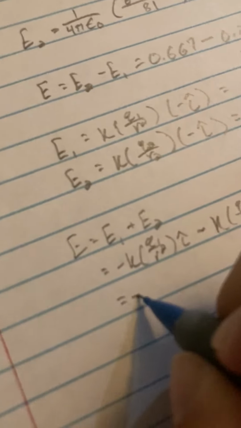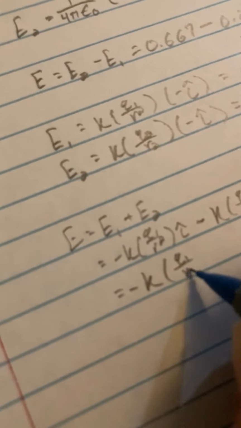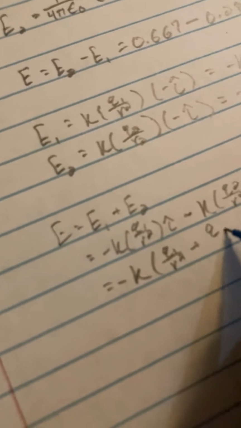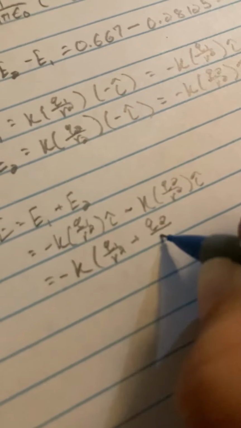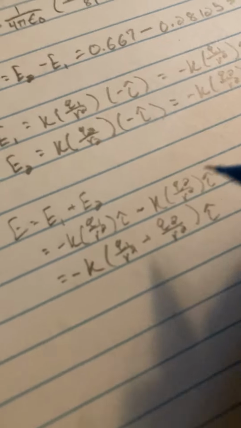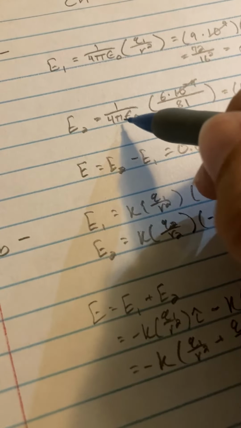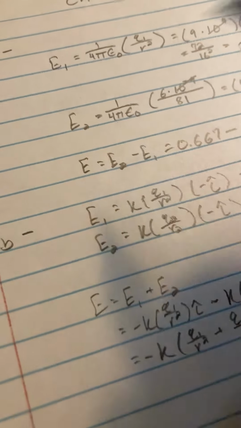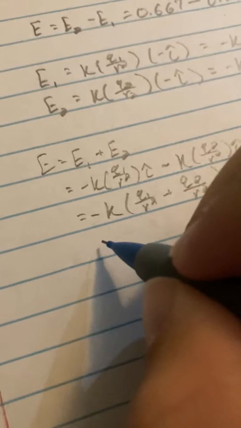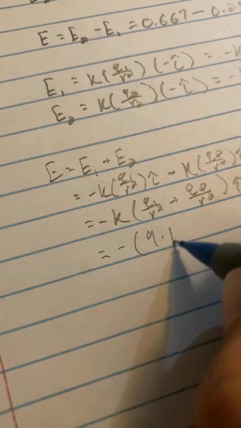Now I'm going to factor out our K's and our i's. K is equal to 1 over 4 pi epsilon naught, which is equal to negative 1 times 9 times 10 to the 9th power.